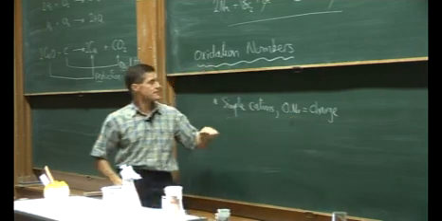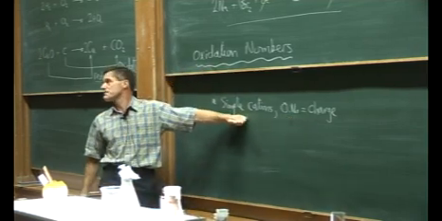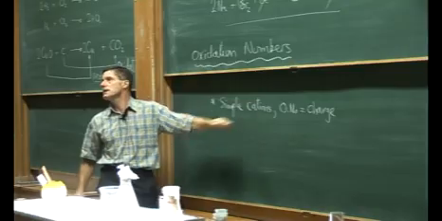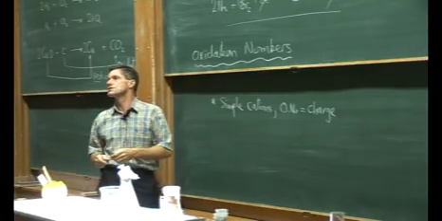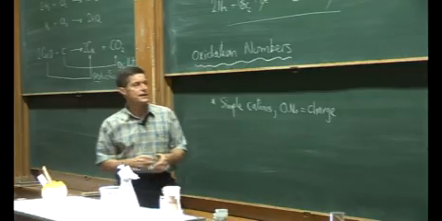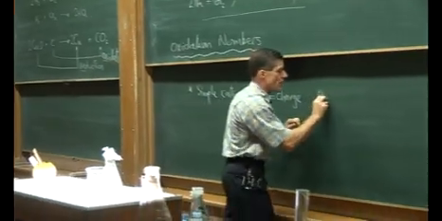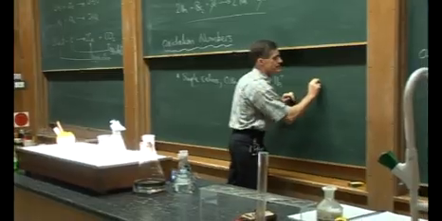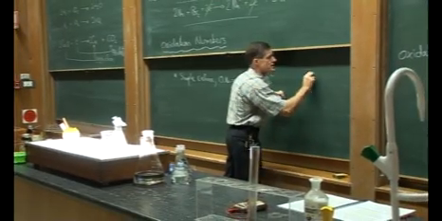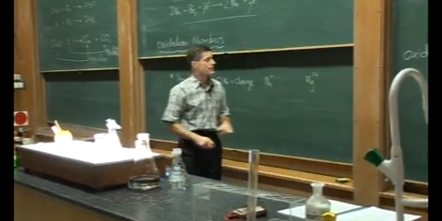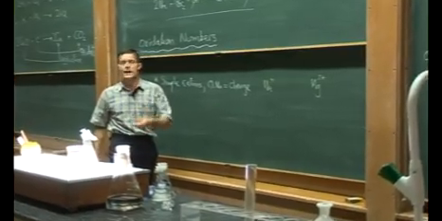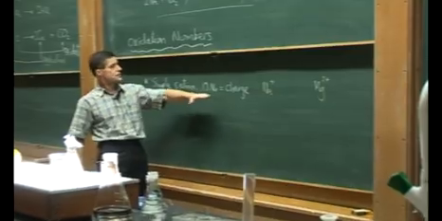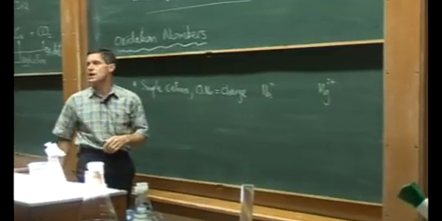What do I mean by that? For a start, by simple cations, I mean ones that are just a single charged atom. Something like Na+, Mg2+. Not a polyatomic ion like NH4+. So the oxidation number is the same as the charge.